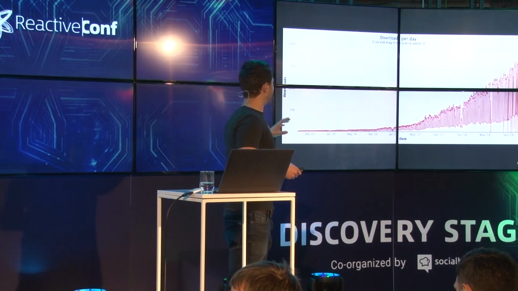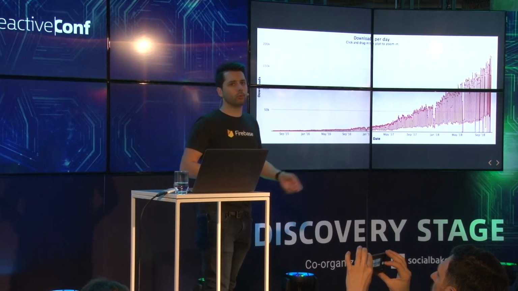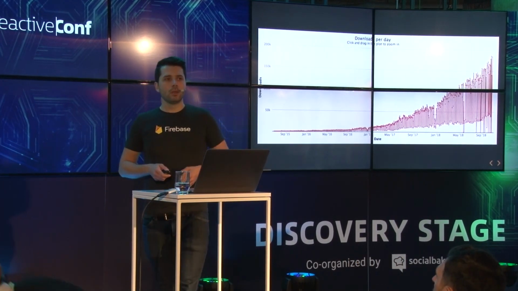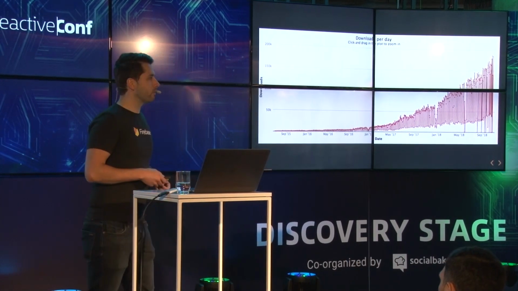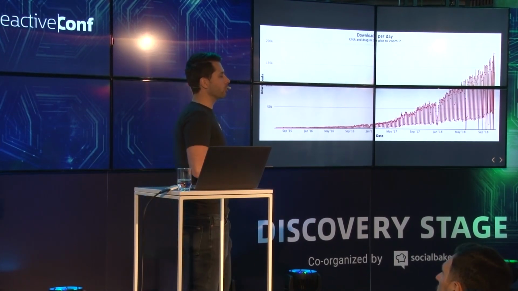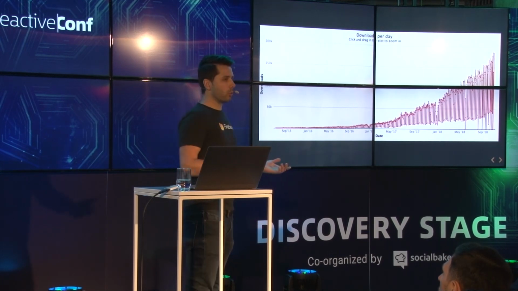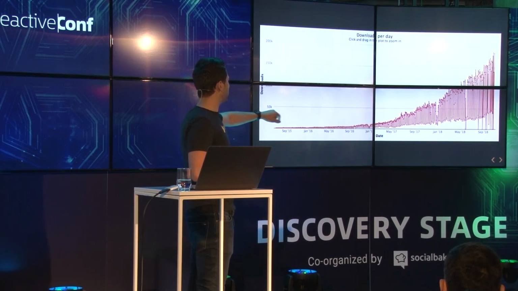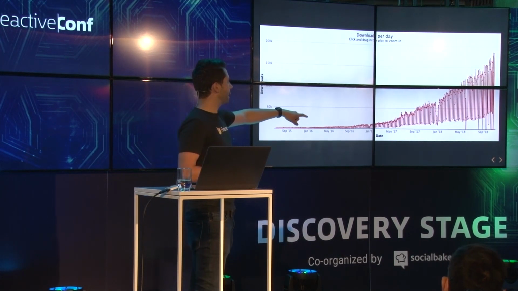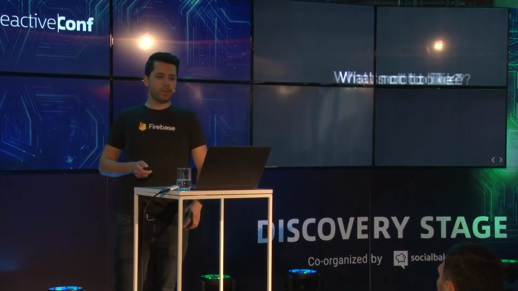This is the downloads per day from NPM for GraphQL.js, which I would argue is probably the most widely used GraphQL implementation out there. It's not the only one. GraphQL is not tied to JavaScript in any way, but it's probably the most widely used one. And so we're reaching, from the middle of 2015 to now, almost 200,000 downloads per day. So it's starting to climb quite a bit.